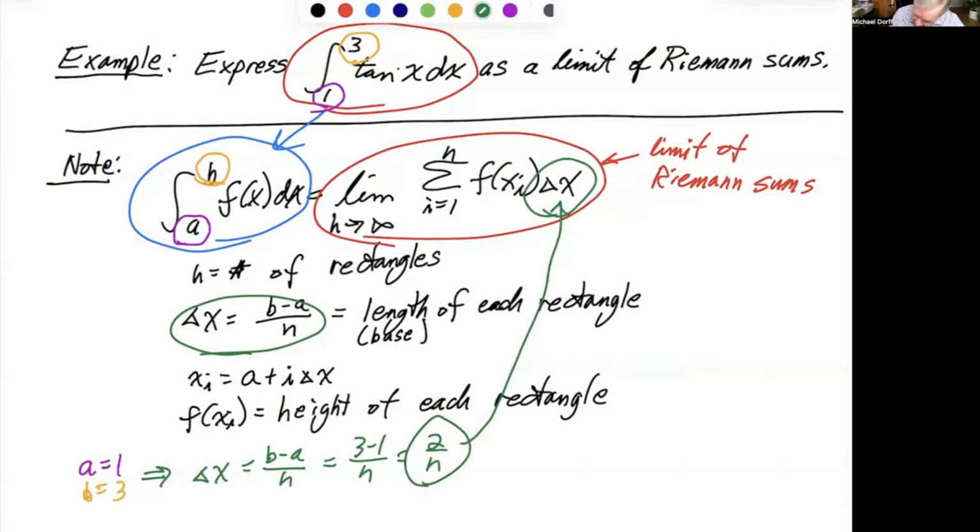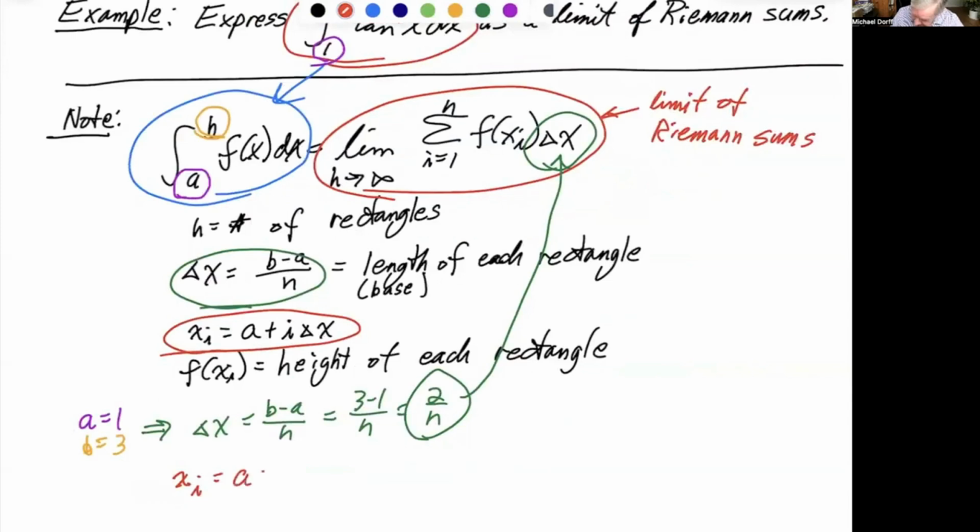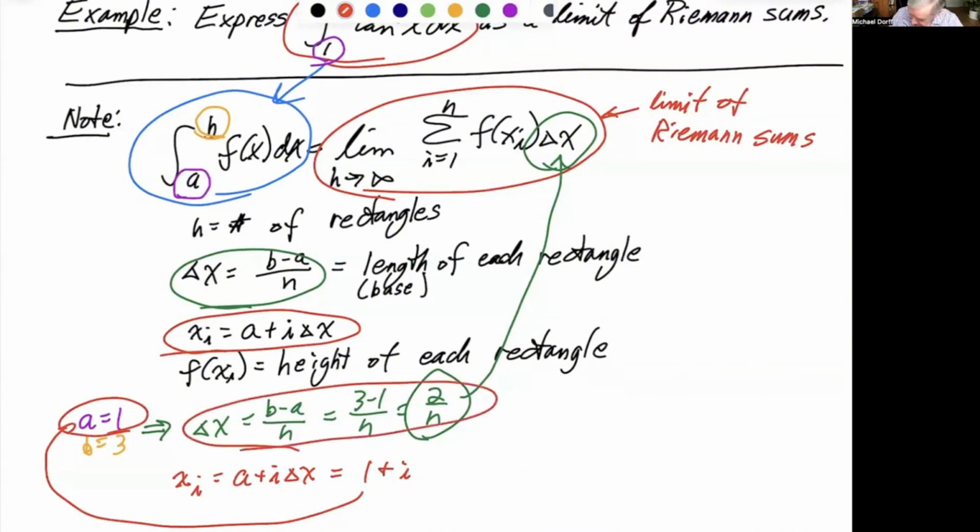Next, I want to figure out what x sub i is. So here's x sub i. It equals a plus i delta x. What is a? We said a was equal to 1, so we have 1 plus i delta x. Delta x is 2 over n. So this is going to equal 1 plus 2i over n. That equals x sub i.